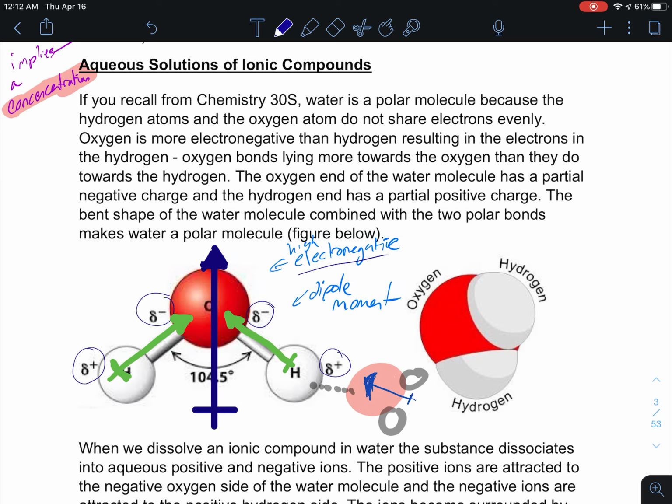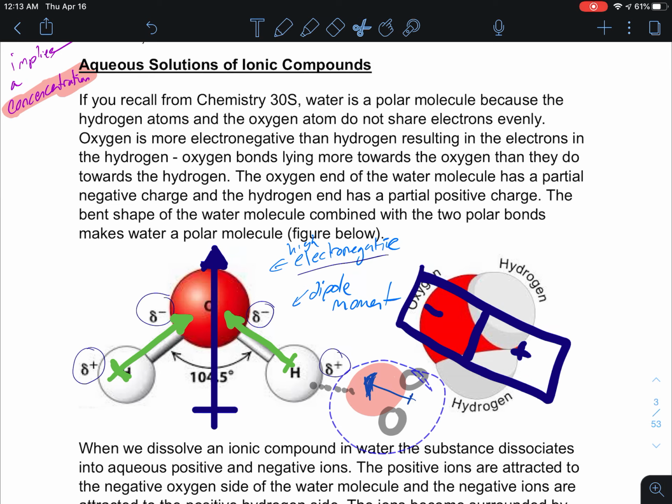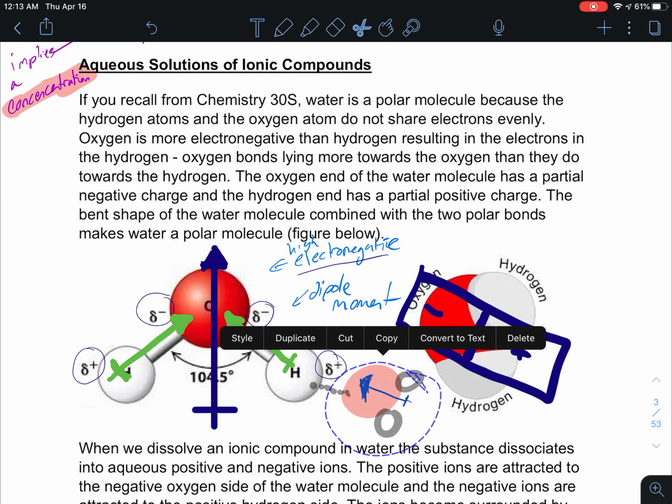And these dipole moments love to hang out with each other. They make the molecule into sort of a bar magnet. You can think of it as a negative end and a positive end, and these little bar magnets love to be organized around each other. Another water molecule will come by and organize itself such that it's connected near the positive end of the dipole.